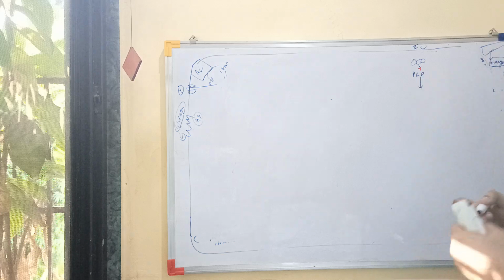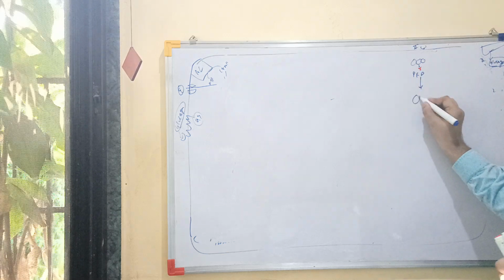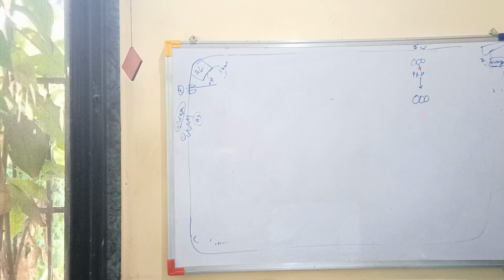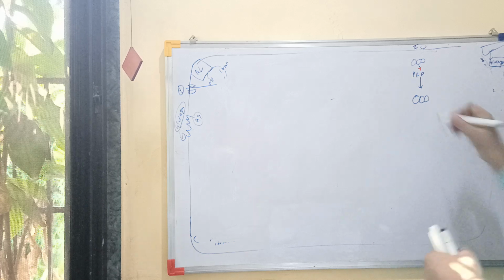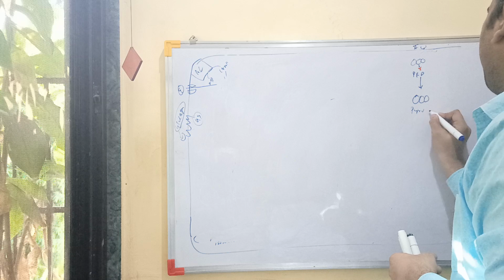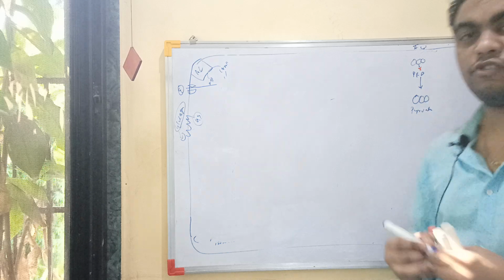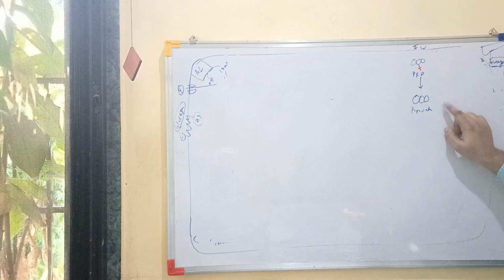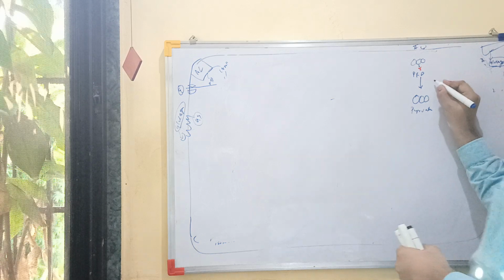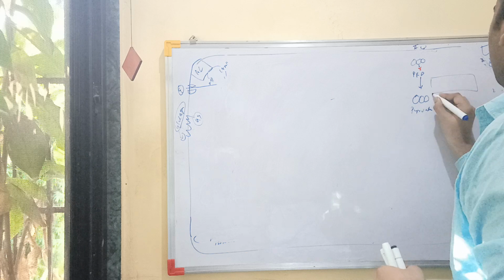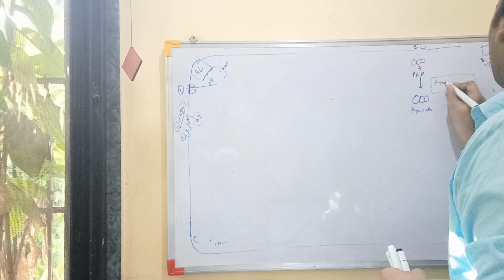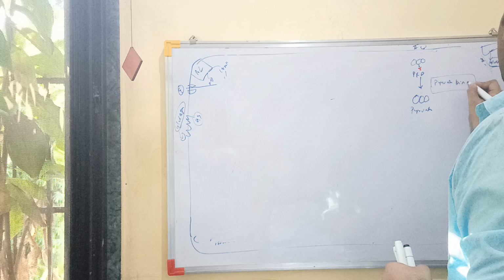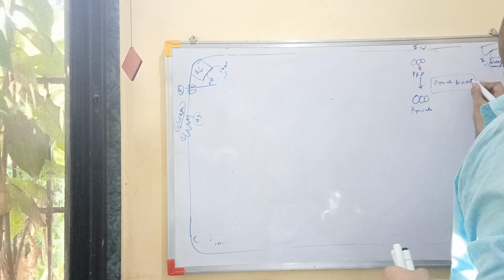This PEP is now converted into a 3 carbon compound without phosphate, that is pyruvate, which was our main goal. PEP is converted into pyruvate, and the enzyme over here is pyruvate kinase, the 4th kinase enzyme in whole glycolysis.